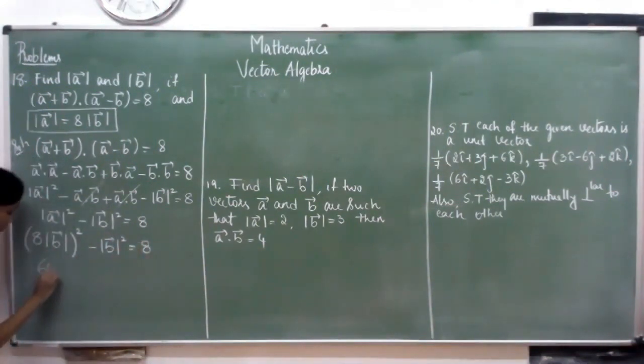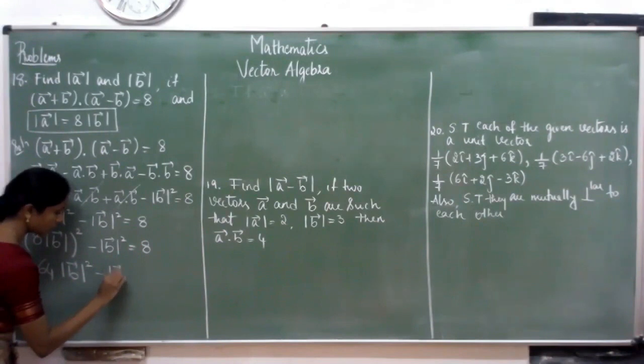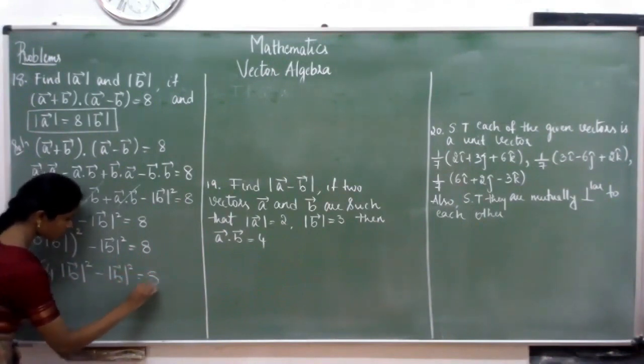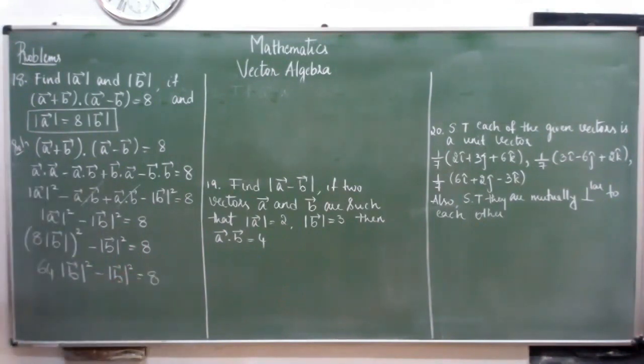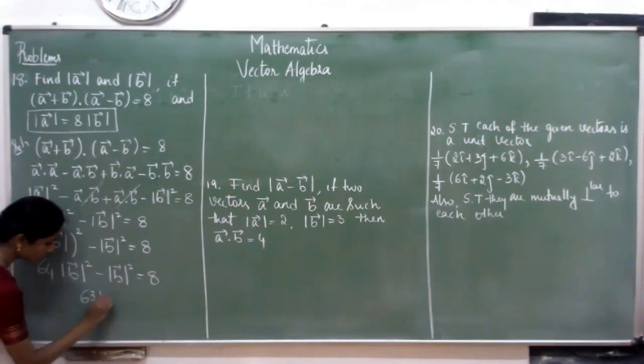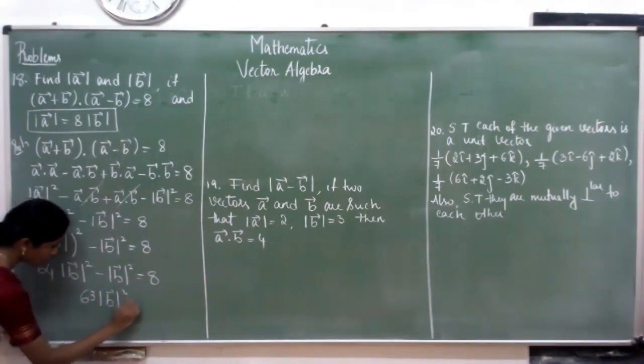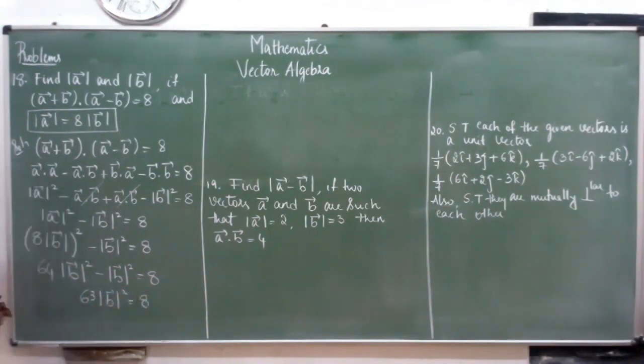So this, if I simplify, will be 64 times magnitude of vector B the whole square minus magnitude of vector B the whole square, which is equal to 8. So here this is 64 magnitude of vector B the whole square minus 1 magnitude of vector B the whole square. So 64 minus 1, it is 63 magnitude of vector B the whole square, which is equal to 8.